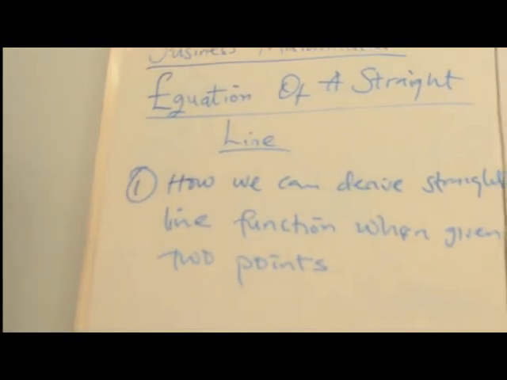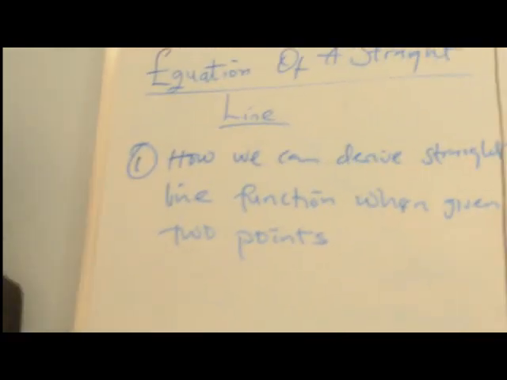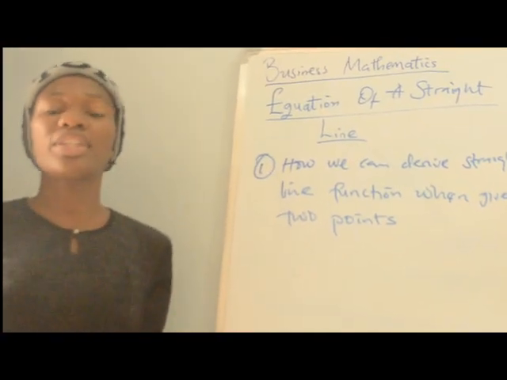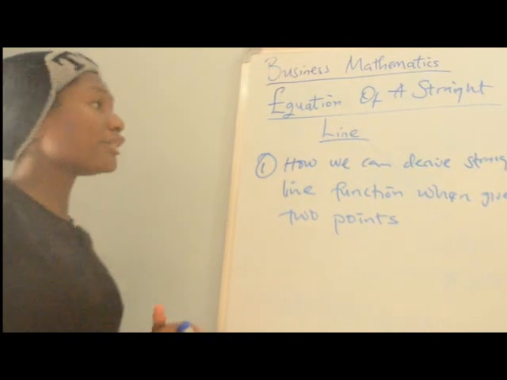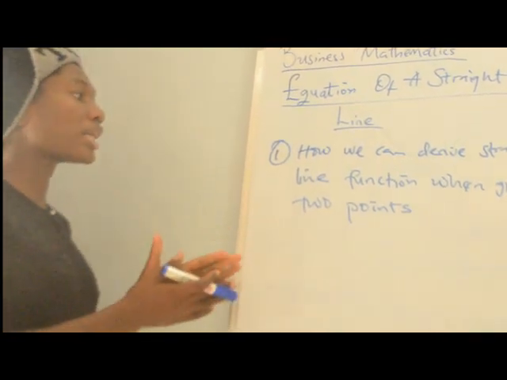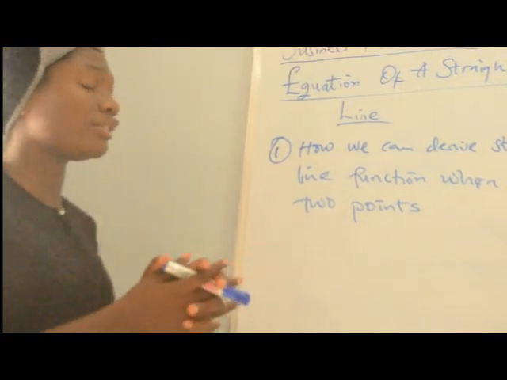Before I go further, I want to tell you that previously we just dropped a video on how to determine gradient of a straight line. If you've not seen that video, it's very important to watch it. So we are looking at how we can derive straight line function when given 2 points.